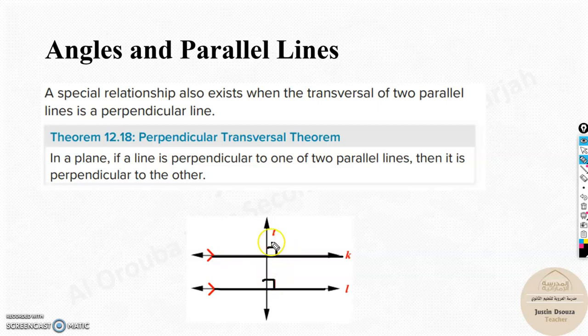Because these are corresponding angles, isn't it? If it was, say, 60 degrees over here, this would also be 60 degrees because they're corresponding. Same way, 90 and 90.